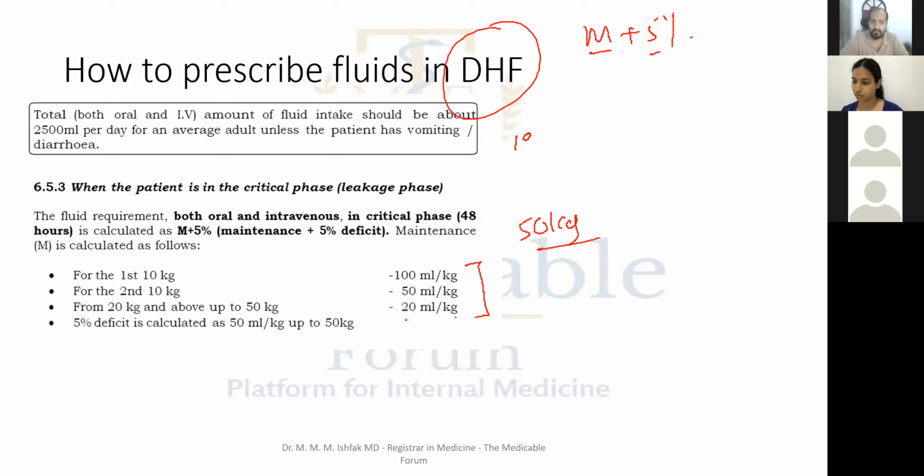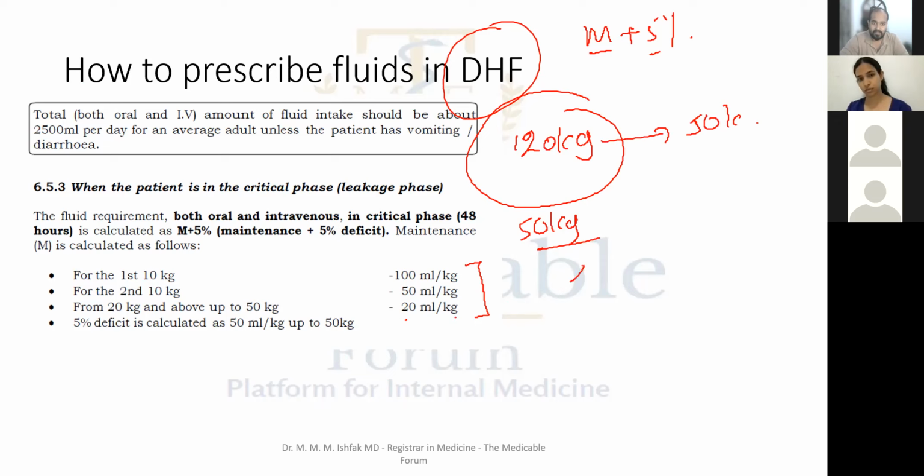Let's say a patient comes with 120 kgs. You don't calculate fluids for 120 kg. The maximum you calculate is 50. Let's say the patient is 42 kg. I'm not that good in maths, so let's calculate together. So 42.